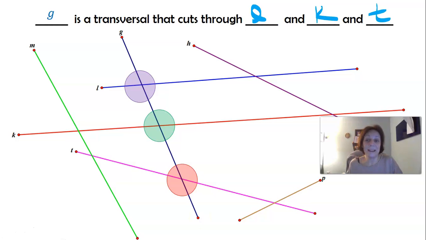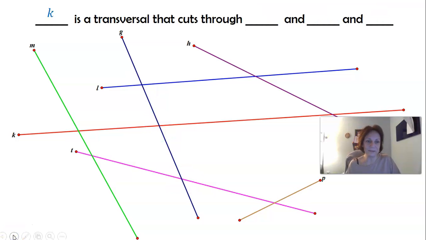I could say here, we said that M was a transversal that was cutting through K and T, but it's also true that K is a transversal that's cutting through some other lines. So if a line is a transversal, that doesn't mean it can't be cut through by other ones. And if a line is being hit by a transversal, it doesn't mean it couldn't also be its own transversal.